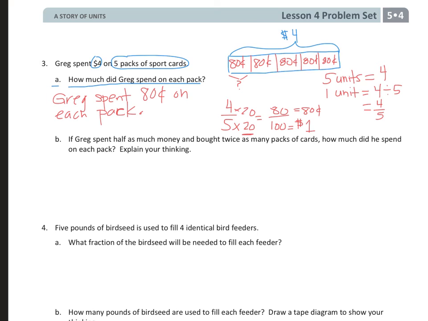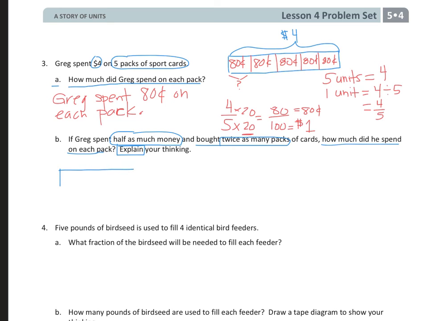Now let's look at part B, the continuation. It says, if Greg spent half as much money and bought twice as many packs of cards, how much did he spend on each pack? Explain your thinking. Half as much money, so half of 4 would be 2.